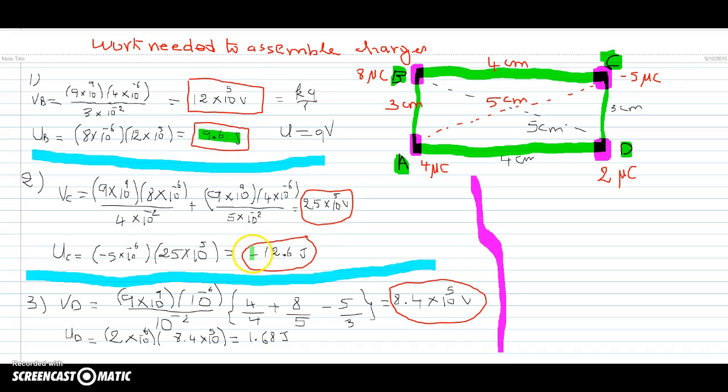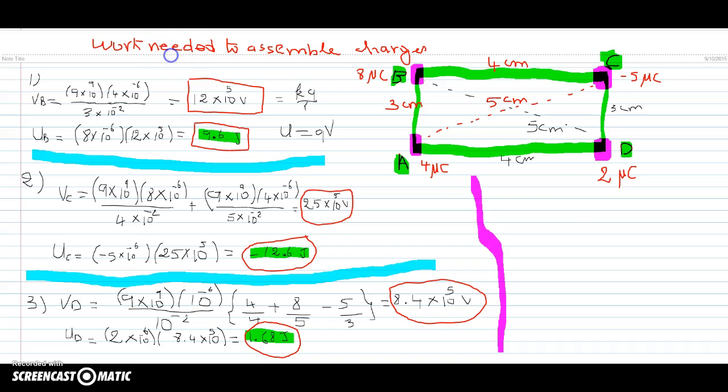I have UC, and I have UD. Not this one. Alright, so I'm going to remove. This is the energy. I can circle the energy again. So I'm going to add these 3 energies.